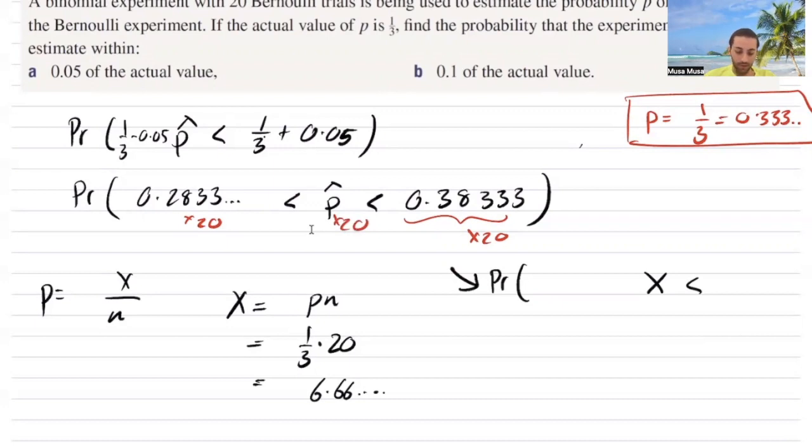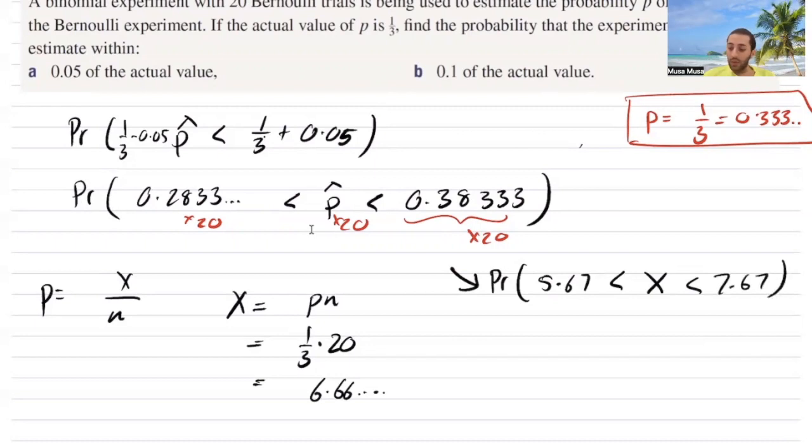So 5.67, and then the other one is 7.67.